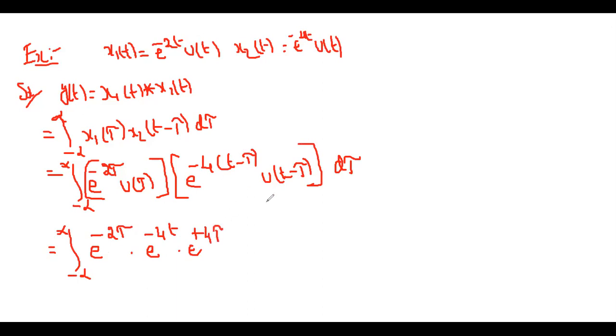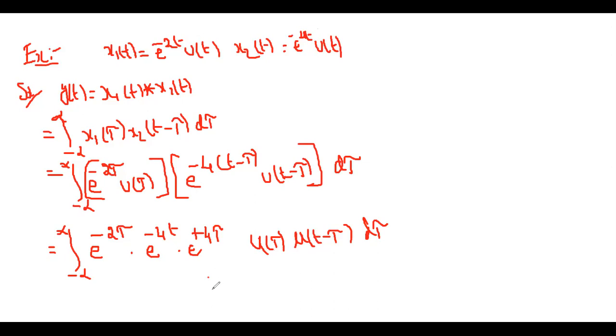I split the two parts, and the remaining here are mu of tau and mu of t minus tau, two step functions, and d tau. Okay, my dear students. So before that you have to substitute the mu of tau and the mu of t minus tau.